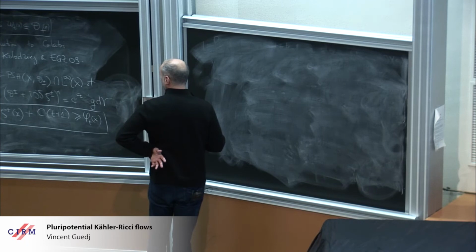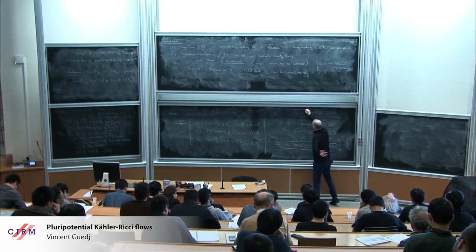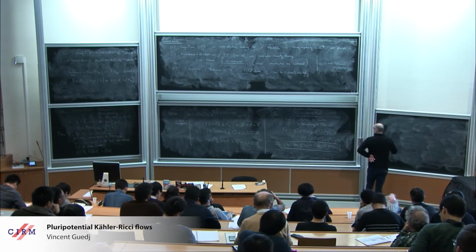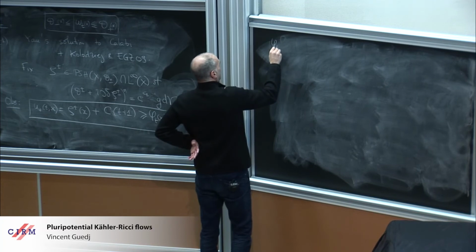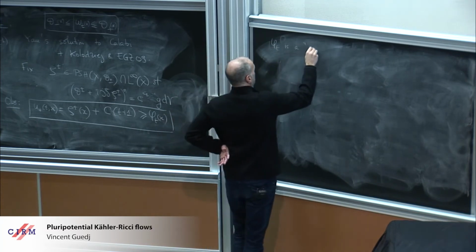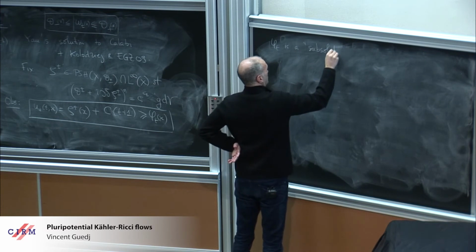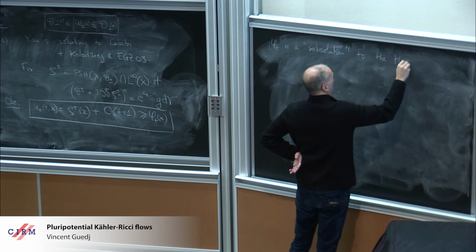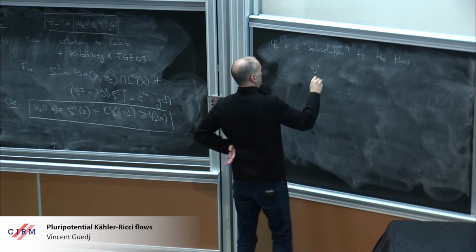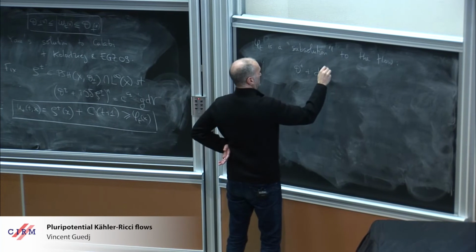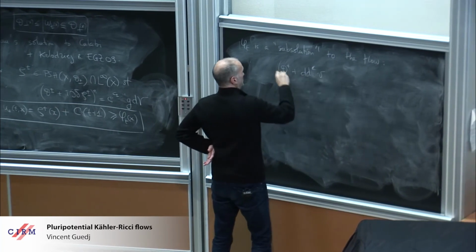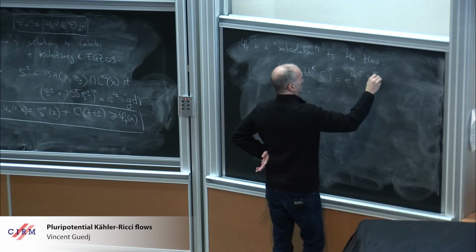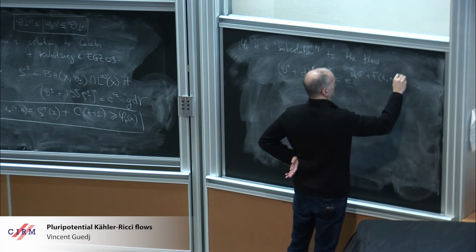What you can observe is that due to this inequality, phi t is a subsolution to the following flow, theta plus ddc v to the n dt is e to the dt v plus f t x v g dV.